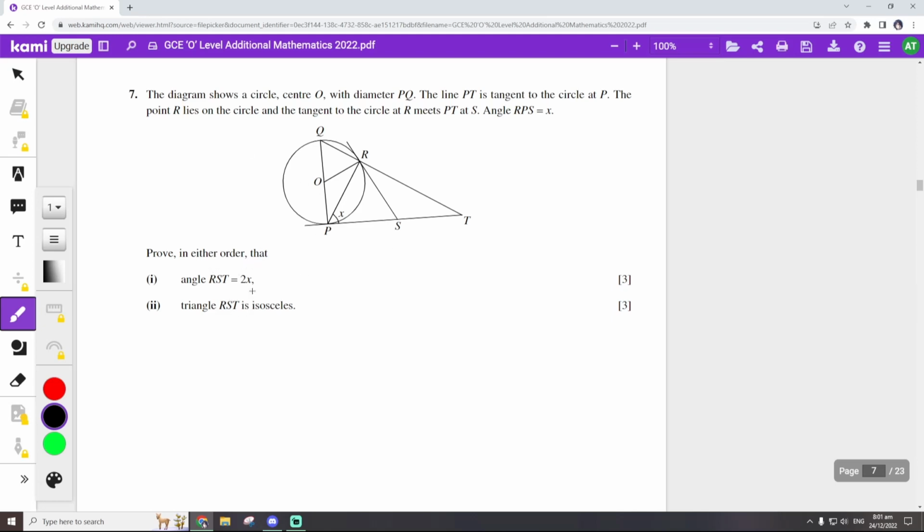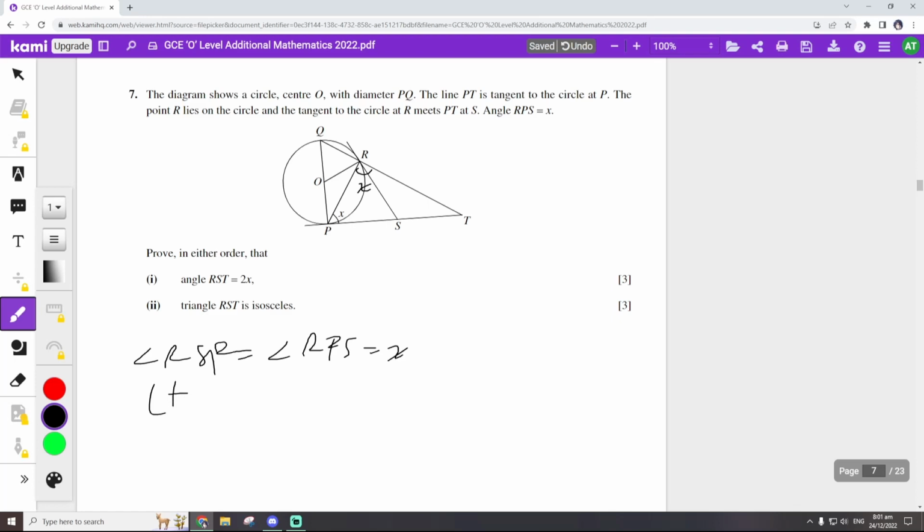So, if this is x, note that RS and PS are both tangents, so this is also x. Angle RSP equals x, actually I should specifically say it is also equal to RPS, which is x, because there are technically two reasons.